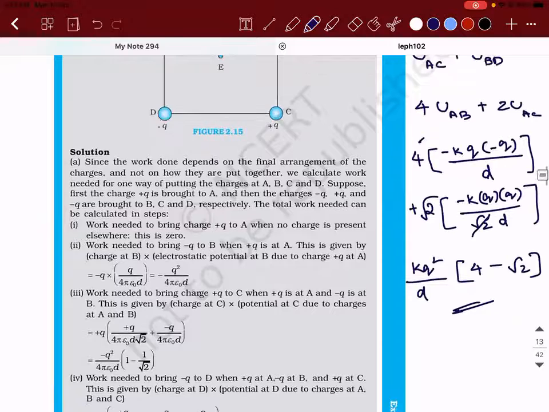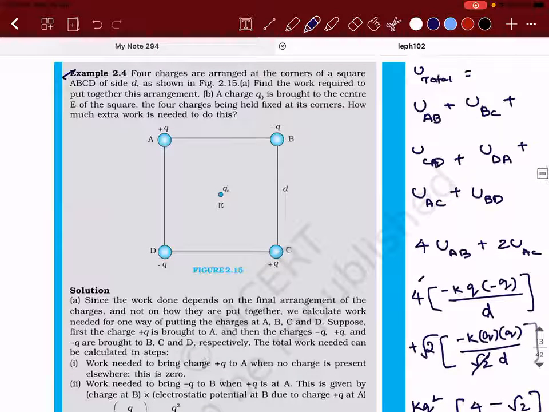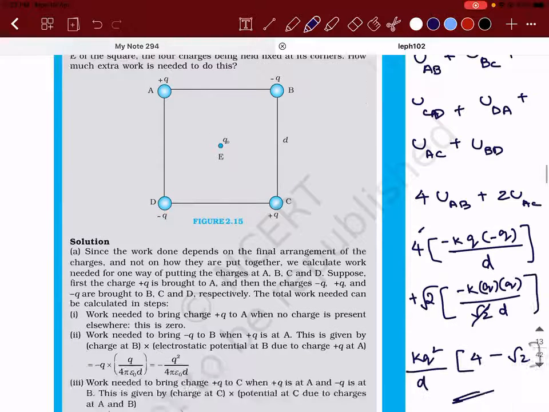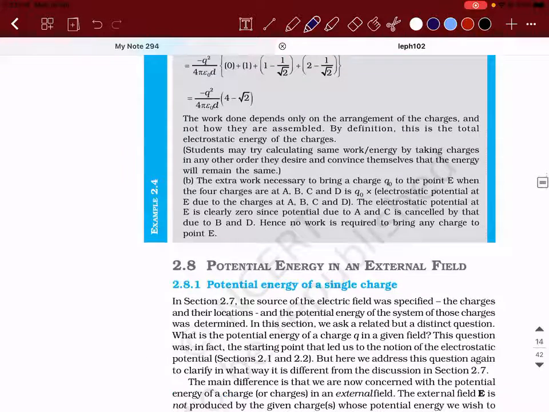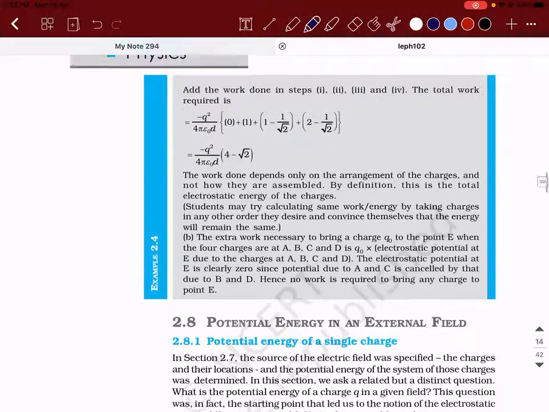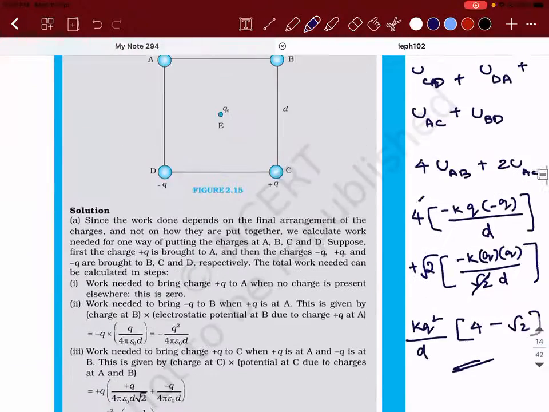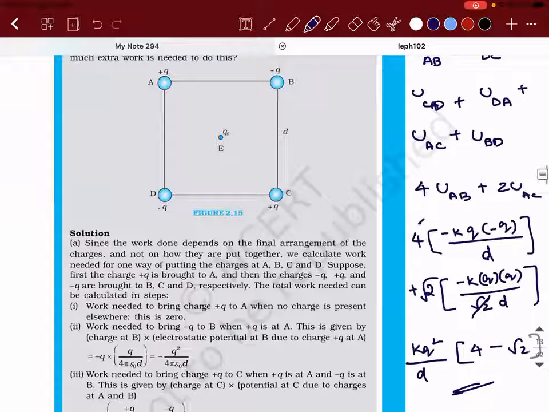Clear? Now, what is the extra work that you need to do to bring the Q naught from infinity to the center of the square? That is the point of intersection of the diagonals. So how to calculate?